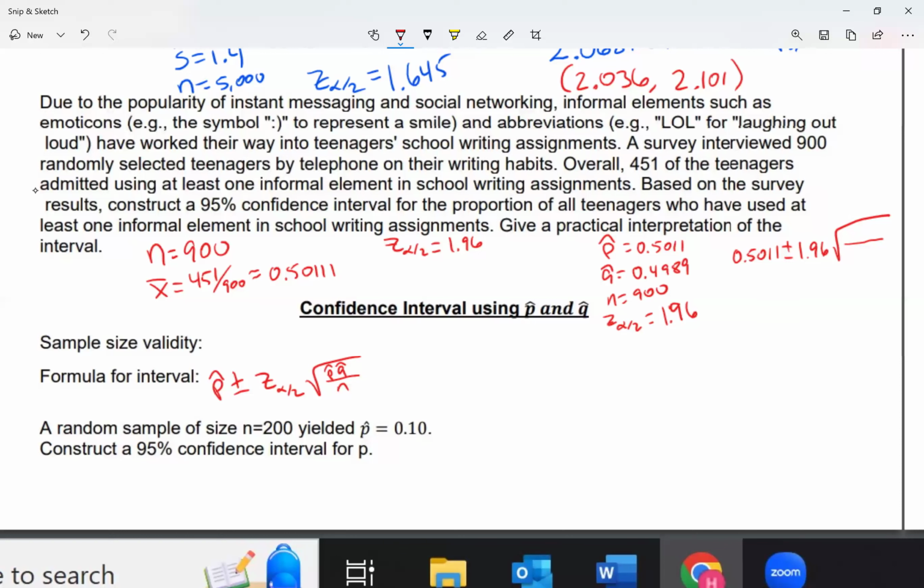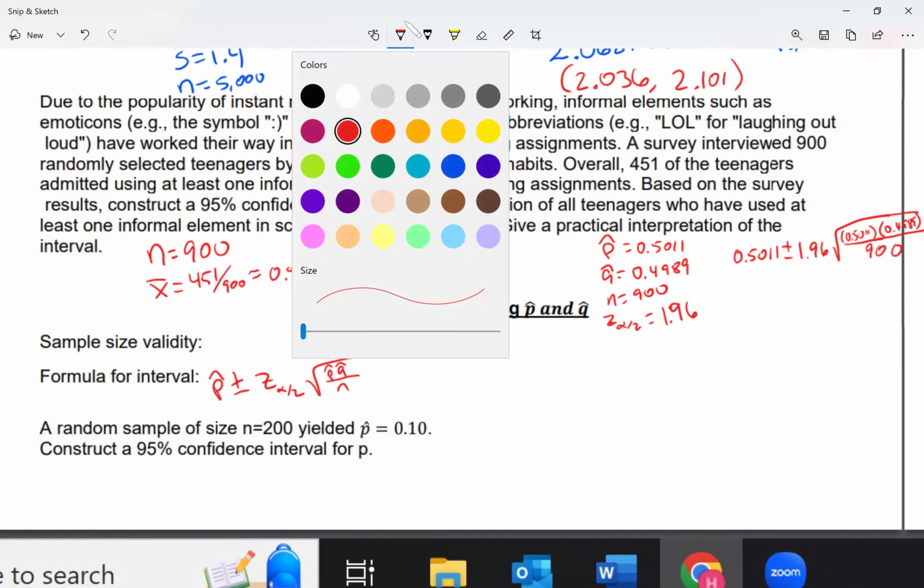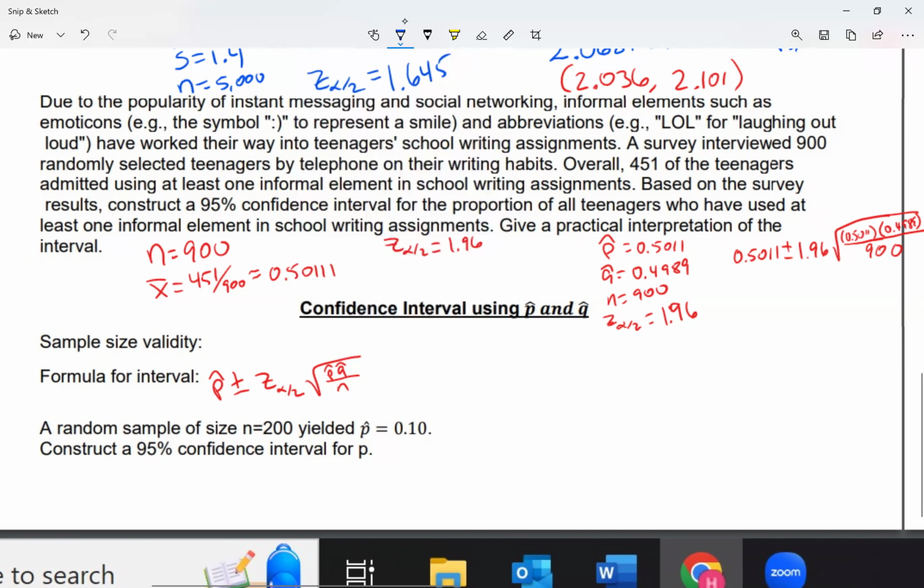Now, inside the fraction, I'm going to go 0.5011 times 0.4989. That's the top of my fraction, p hat times q hat, and then divided by 900, my n. If you need help typing it in on your calculator, do let me know.